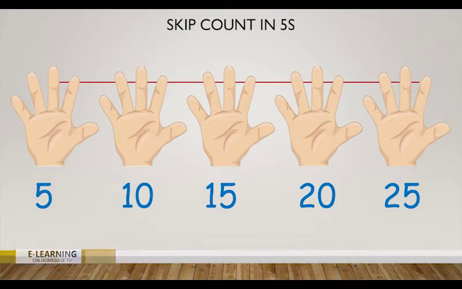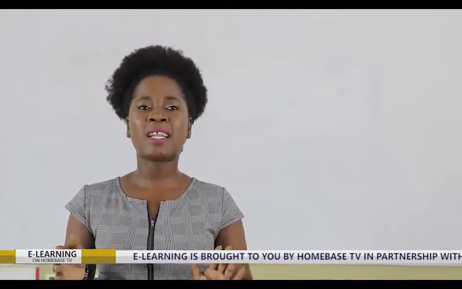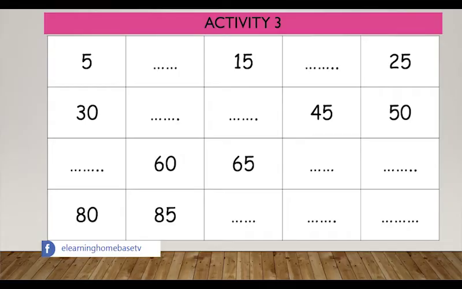So we have one hand giving us 5 and the other giving us the next 5. So with skip counting, we count from 5, then we move to 10, skipping 5 other numbers to get our next number. This is a little activity I have for you.